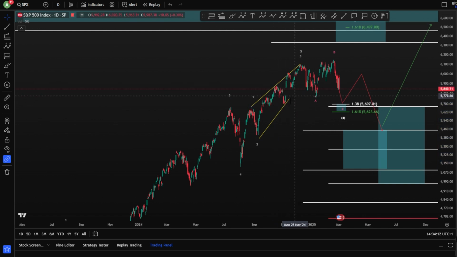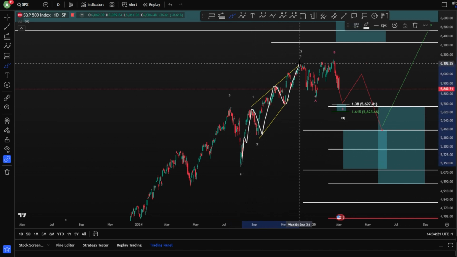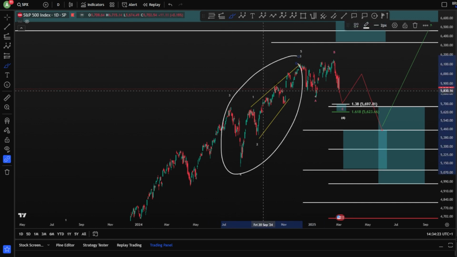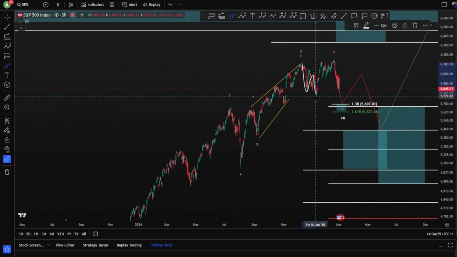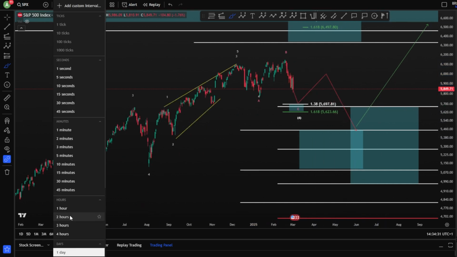Very nice. And the same for this one. And potentially this impulse internally is a zigzag as well, and another zigzag. So the higher possibility is we have a top for wave 5, 3 waves down, 3 waves up, and wave C, of course, as an expanding flat has the highest possibility.